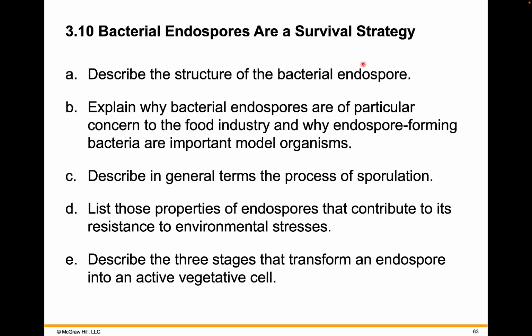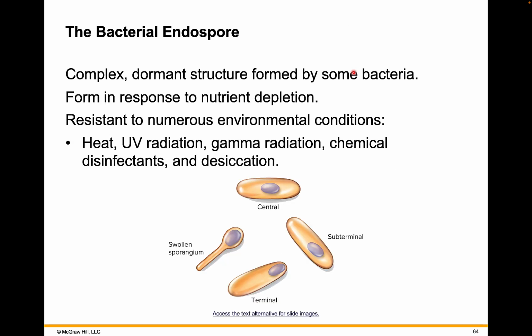So the last part, we are going to talk about the bacterial endospores, and these are essentially very unique structures which do have implications in pathogenesis, but they are essentially a survival strategy for the bacteria. So the bacterial endospores are complex and dormant structures, and they are formed in response to nutrient depletion.